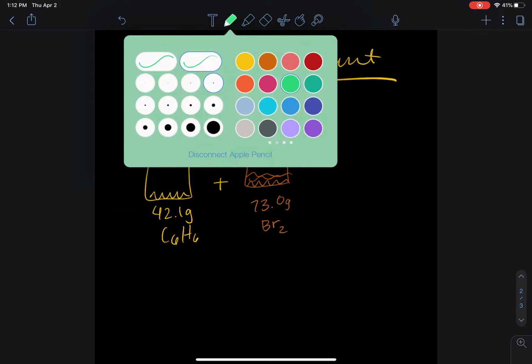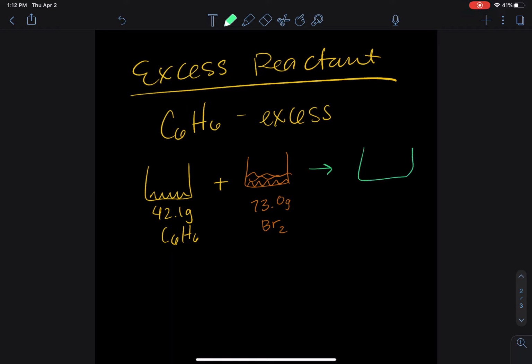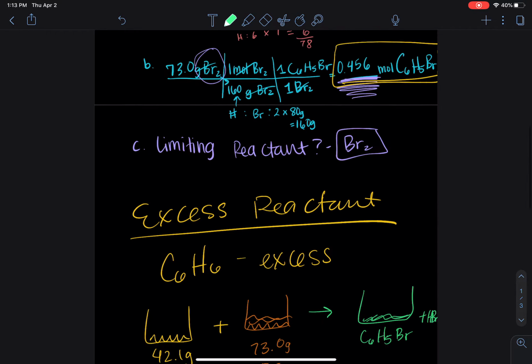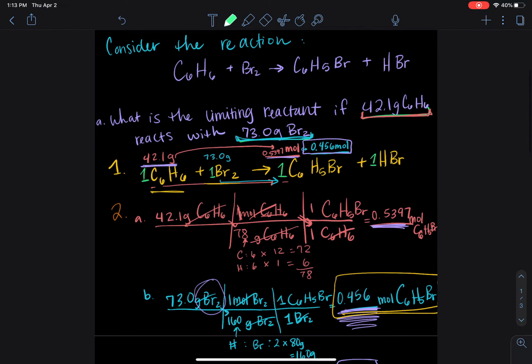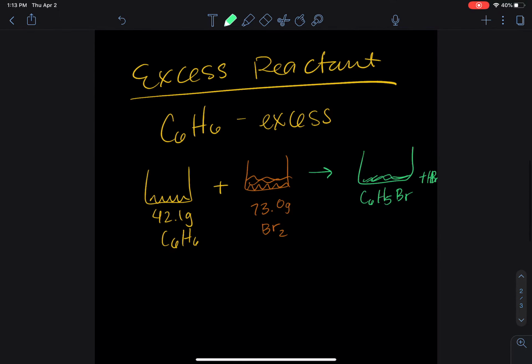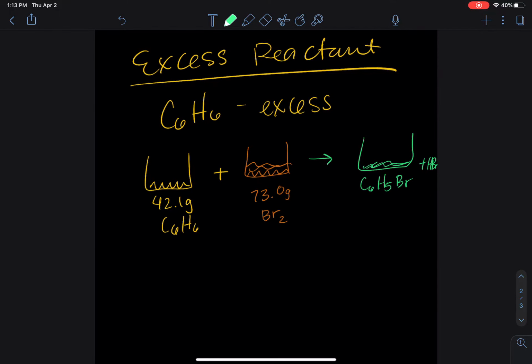And when you react this together, you're getting C6H5Br, and then you're getting some HBr over here. The reason I didn't really draw the HBr is because we didn't choose to calculate for HBr. We chose to calculate for the C6H5Br. So I'm really just going to look at these and talk about them.